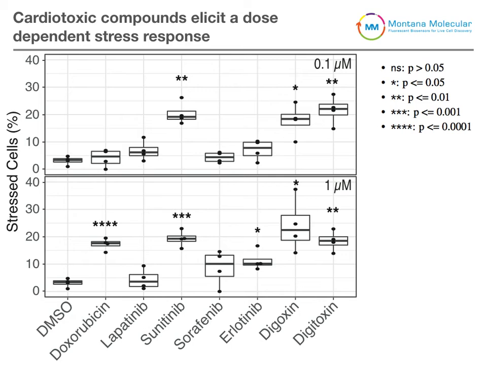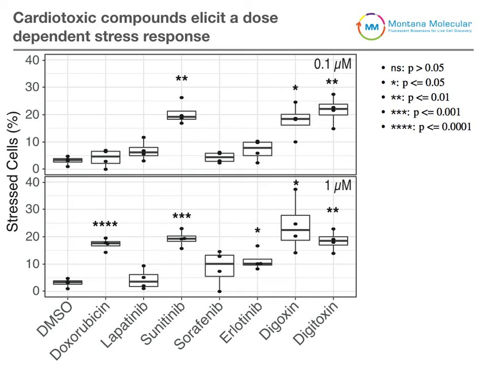Looking at a higher dose, we again see digoxin and digitoxin produce these increases in cell stress. We also see now some of these chemotherapeutics, such as doxorubicin and erlotinib, also begin to produce cell stress.